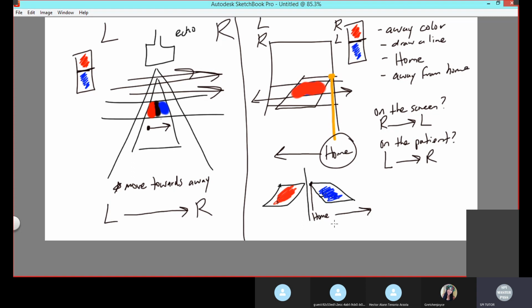On the patient, this would be the right side of the patient moving to the left. If I were to do that in my towards color and skip that rule, I would pick that corner, make this my home, and this is the left side of the patient moving towards the right. So in the right answer, I'm going from right to left. In the wrong answer, I'm going from left to right.